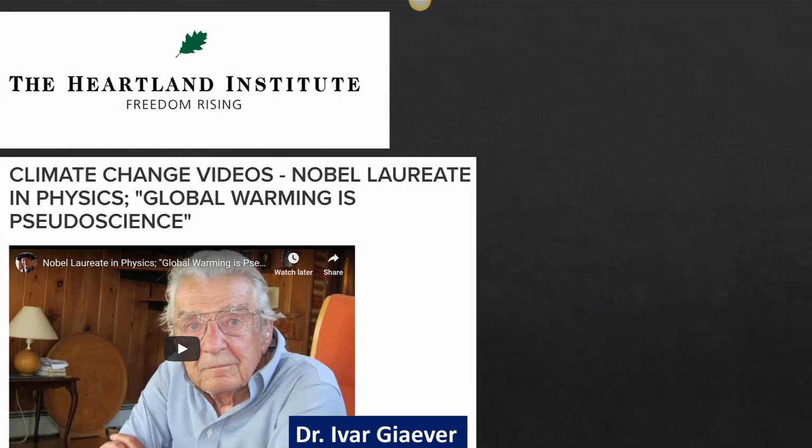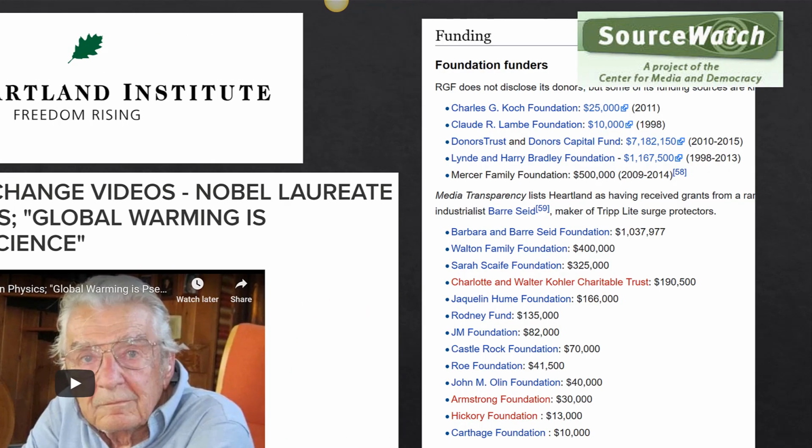Well, this is problematic, especially when you look at who provides the money that enables the Heartland Institute to do the work that they're doing. SourceWatch, which is a watchdog organization that looks at groups like the Heartland Institute, organizations that are specifically constructed and funded in order to provide advocacy that's going to support certain political and economic interest groups as well as particular industries.